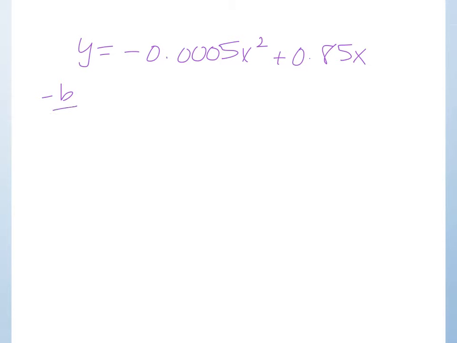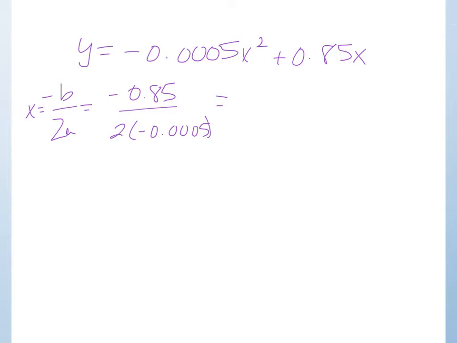All right, so remember our equation was y equals negative 0.0005x squared plus 0.85x. To be able to find the vertex, we have to do negative b over 2a. So negative b over 2a, remember that's the x, will give us negative 0.85 over 2 times negative 0.0005.